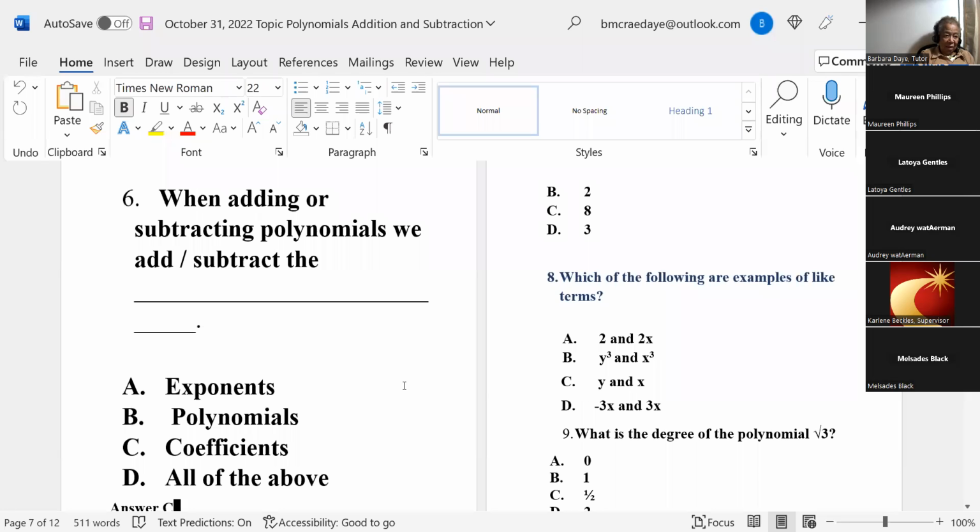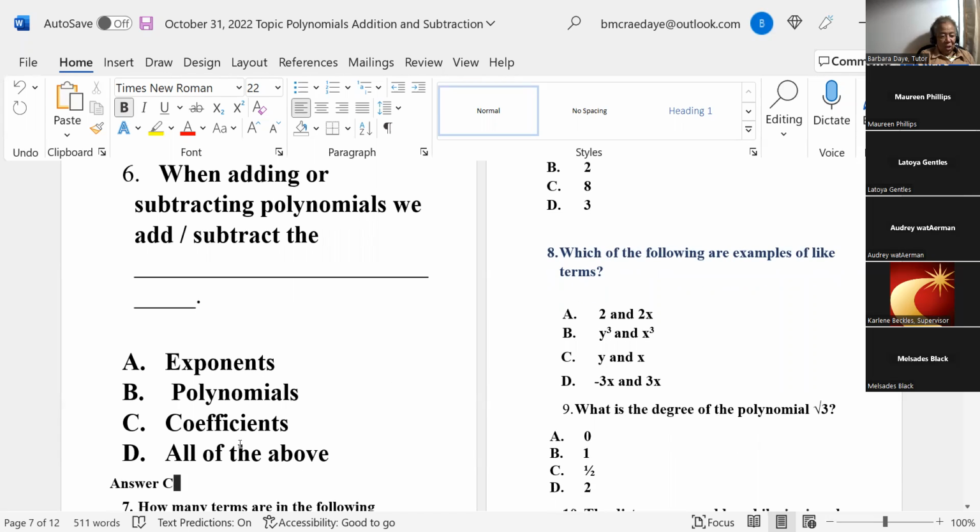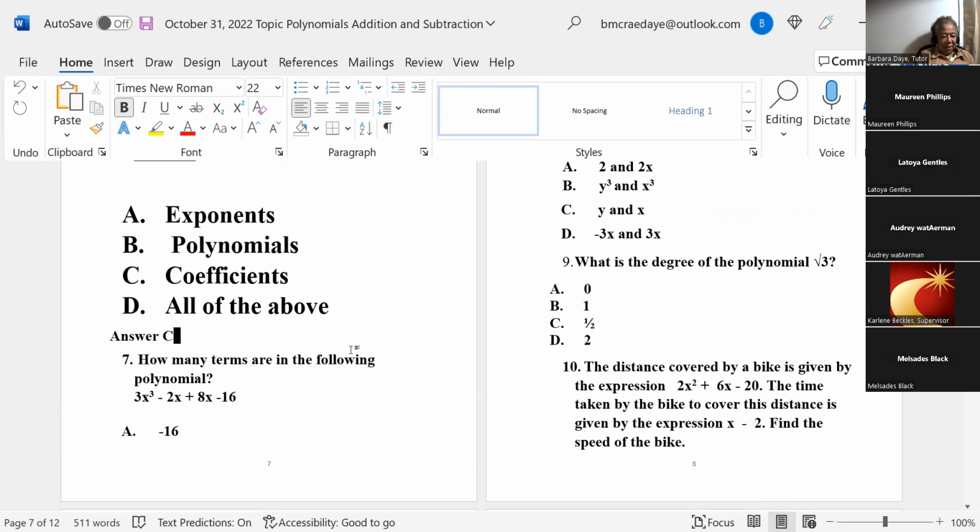But we said when adding or subtracting polynomials, so all of the above wouldn't make sense, because you've got polynomials as part of your answer. It was the number in front of the variables. That's the coefficient. Number 6 was C.